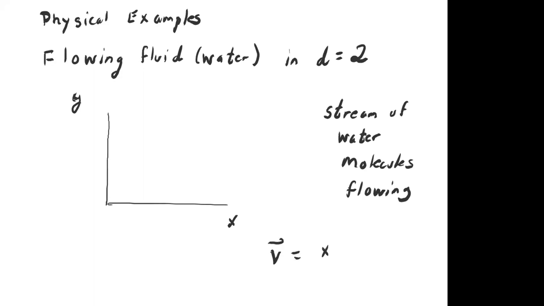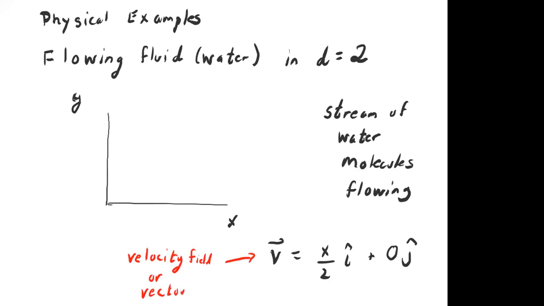And so I'm going to define that by this vector V, which has 2 components, and one of them is going to be 0. So this vector V has a name, hence why I called it V. It's a velocity field, or it's a vector field. It's an example of a vector field. And it tells you how fast the particles are moving in 2 dimensions.